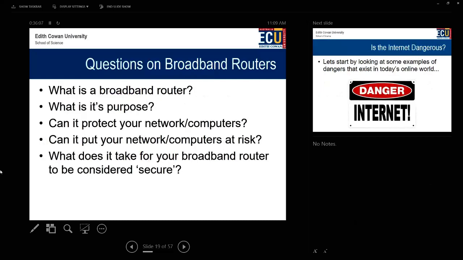So, a few questions on broadband routers. You will not be able to answer me for the last 3 bullets, but I hope everyone knows what a broadband router is. It is a single entry point in your home. That is its purpose; we use the internet through that broadband router. Can it protect your network or computers?